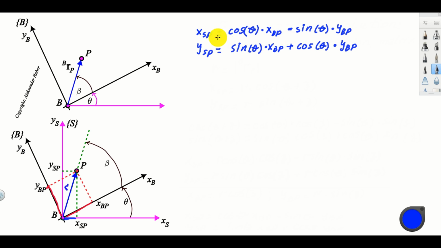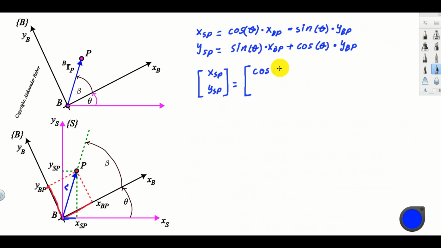These two equations can be written in the matrix form like this. On the left hand side, we will have the vector XSP and YSP. Then we will have a matrix, and here's our matrix.